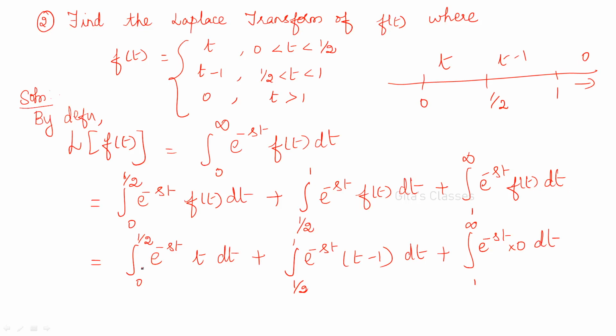In the first interval f of t is t, so I replace it by t, plus e power minus st into t minus 1 for 1 by 2 to 1. From 1 to infinity it is 0, so this term will not be there.